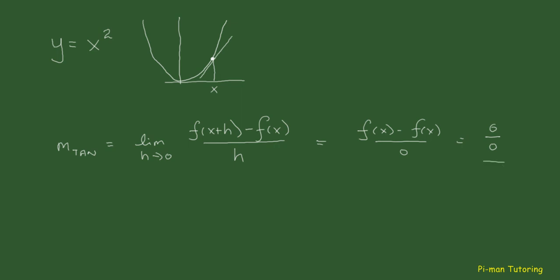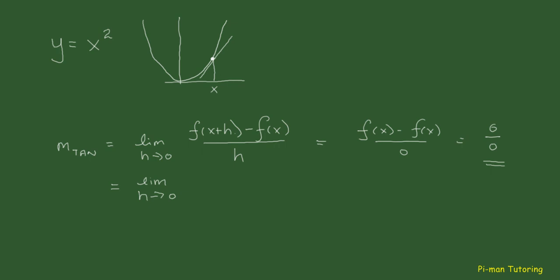We can't have a slope of 0 divided by 0. That's undefined. But clearly the slope of this function is defined at every point. So simply substituting in a value of h equals 0 is not giving us the information we need. What we actually have to do is expand that expression.